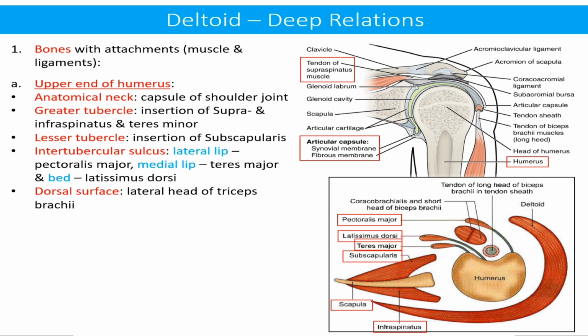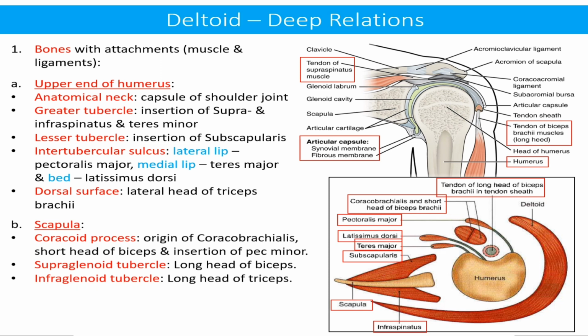Lesser tubercle with insertion of subscapularis. Intertubercular sulcus: the lateral lip of this sulcus with pectoralis major, medial lip with teres major, and bed with insertion of latissimus dorsi. Dorsal surface of the upper end of the humerus is related to the lateral head of the triceps.